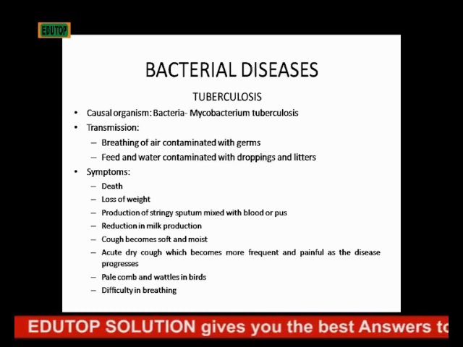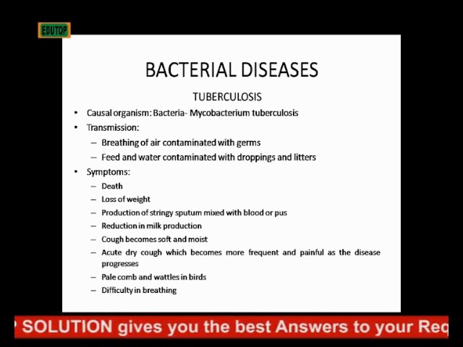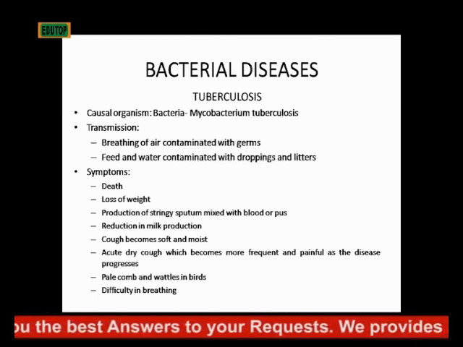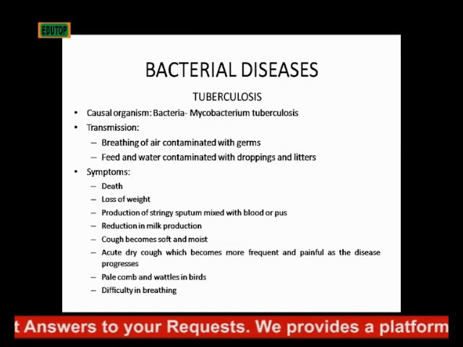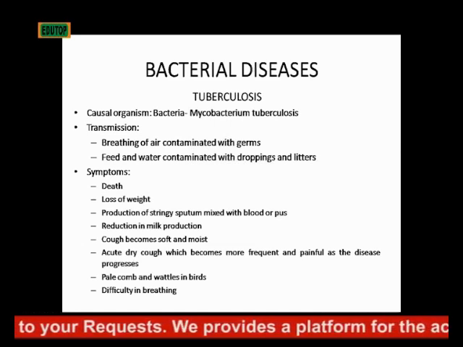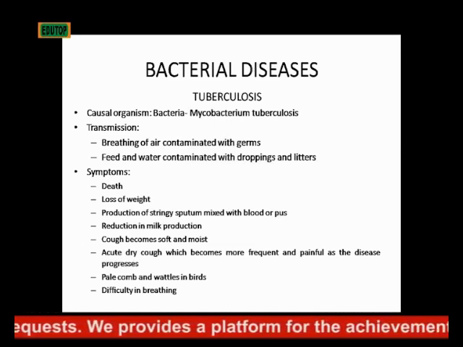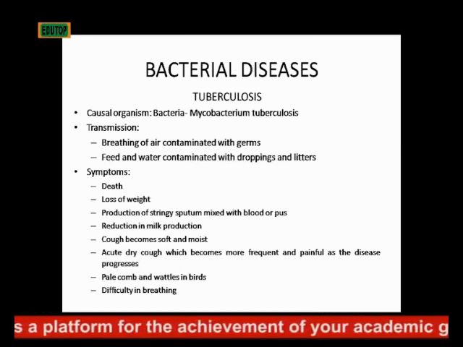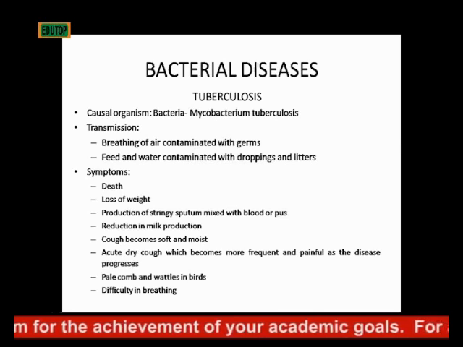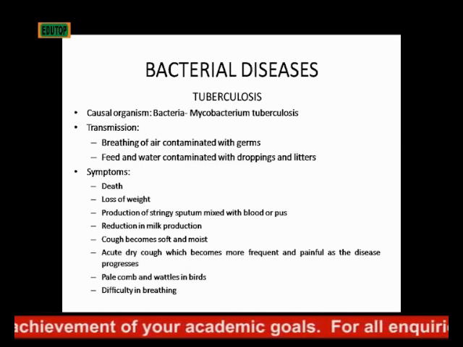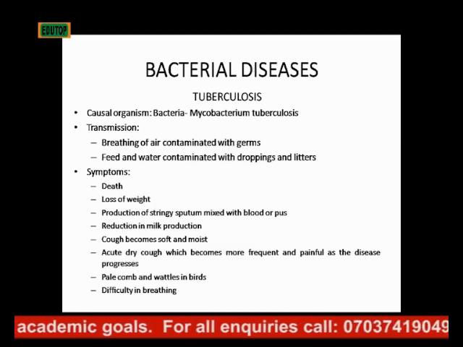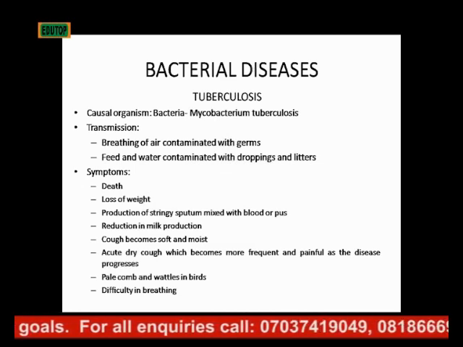Then you can observe a pale comb, that is the comb of the bird, and wattles. You observe that the comb is not as shiny or as strong as it used to be. Then the animal will also experience difficulty in breathing.